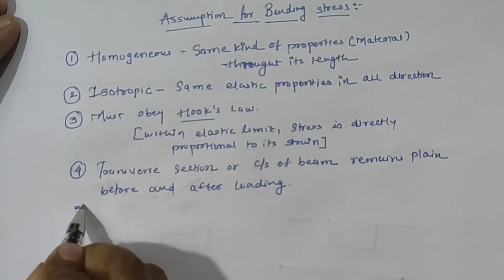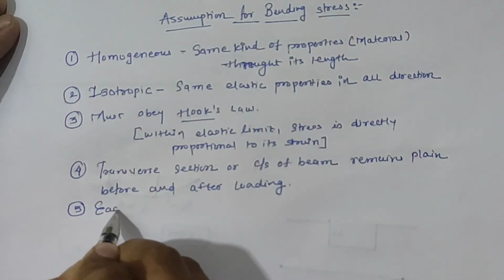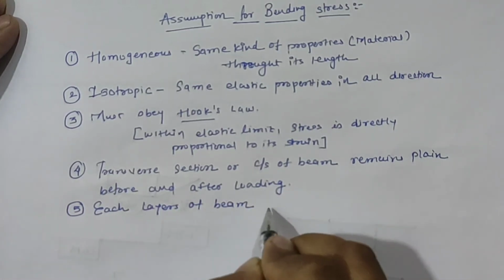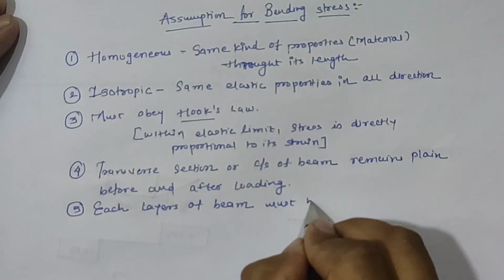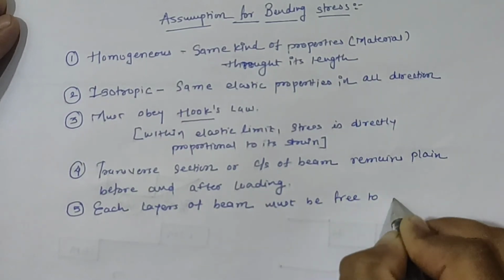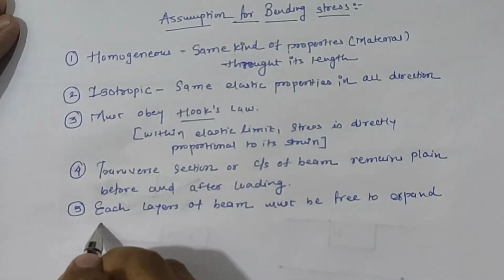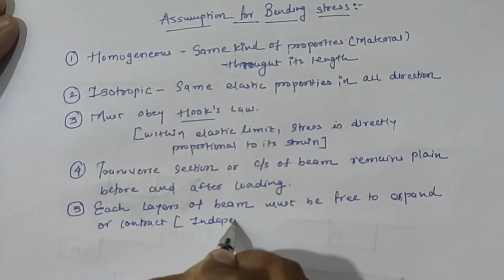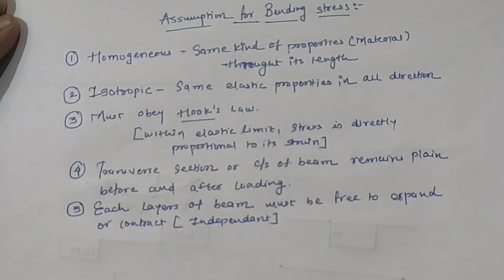The next assumption for bending stress is that each layer of the beam is independent, or we can say must be free to expand as well as contract with respect to its adjacent layer.